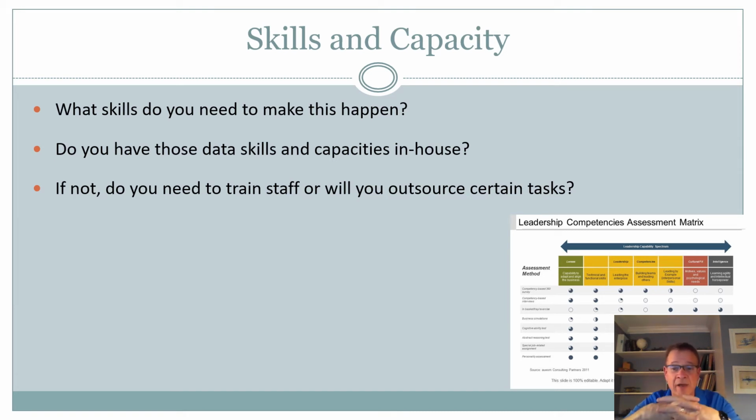Do you need to go out and get either additional people or additional expertise? You may be trying to answer a high-level research question on patient adverse events, but you don't have anybody on staff who understands that sufficiently from a data perspective. So you may need to bring somebody else in.